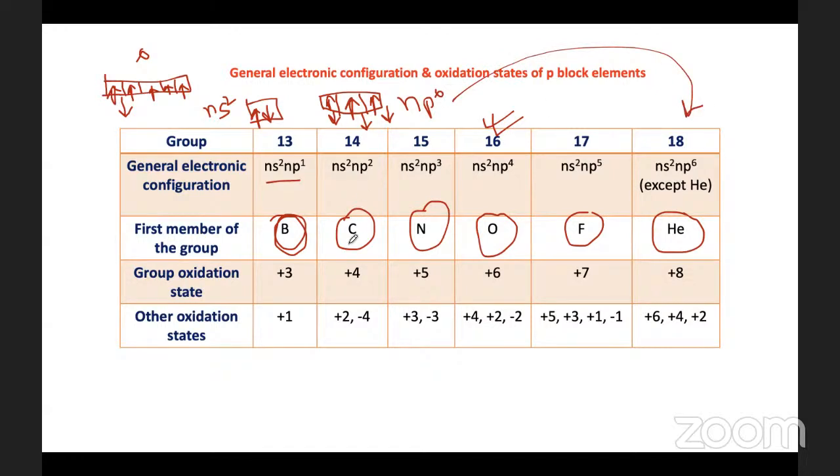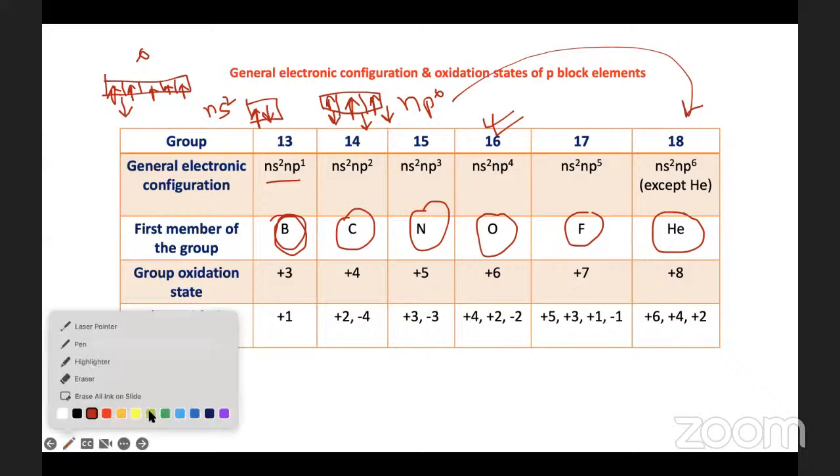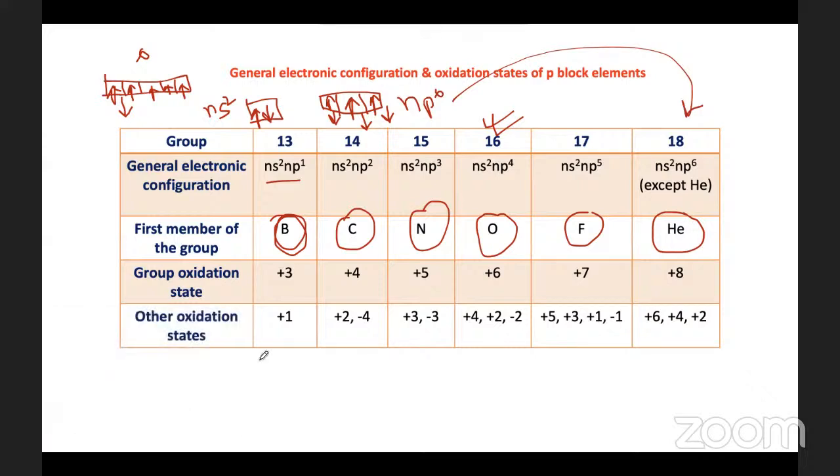But in this chapter, we will be specifically discussing the first 2 groups, that is group 13 and group 14. So you see, group 13 has the first element boron, and group 14 has the first element carbon.